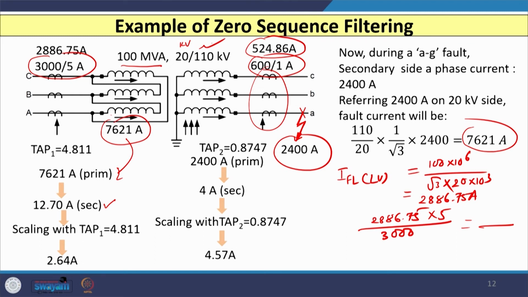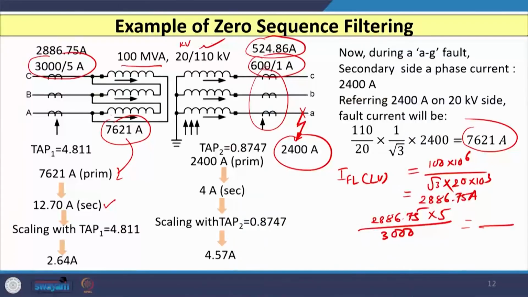If you now apply the magnitude compensation using the tap equation, which is MVA into 1000 divided by root 3 into kV into CT ratio, using this rating of the transformer, your tap value on the LV side is 4.811. If you divide this secondary current by this value, you get 2.64, which is not 1.